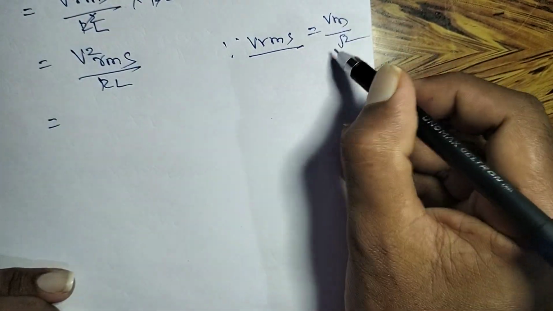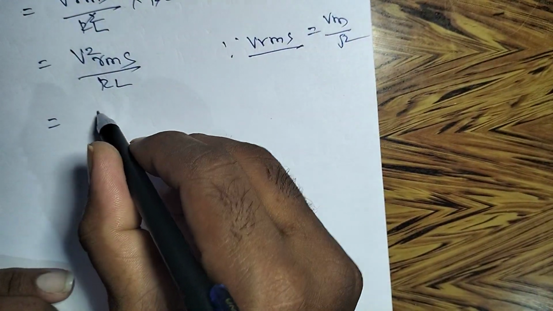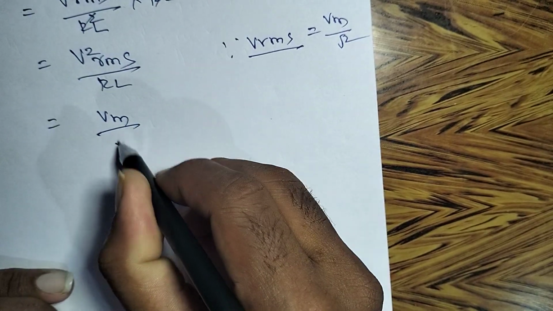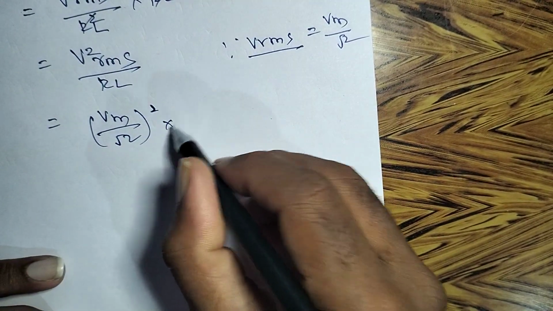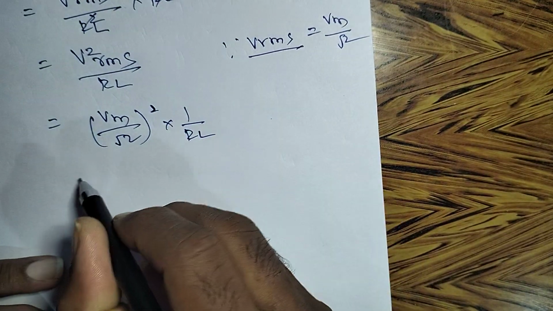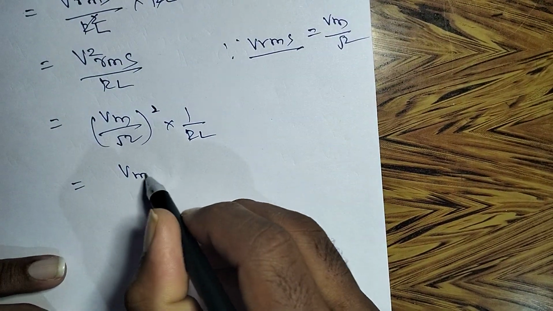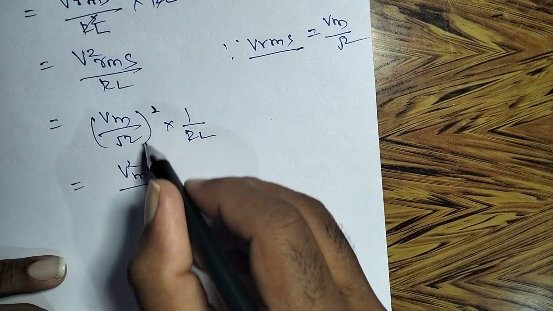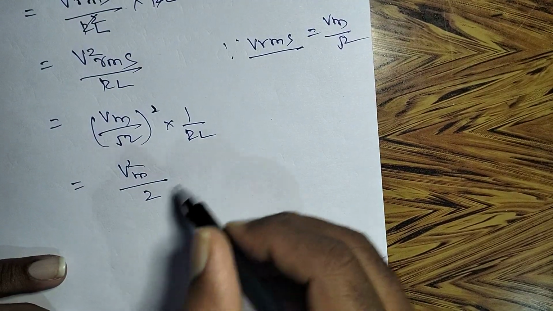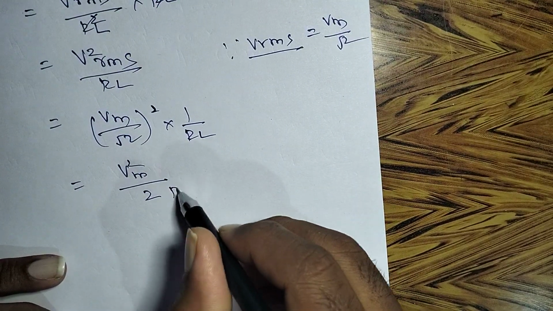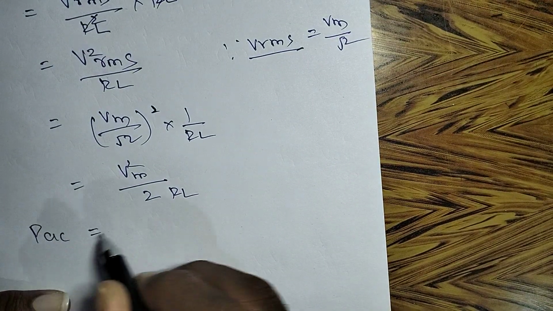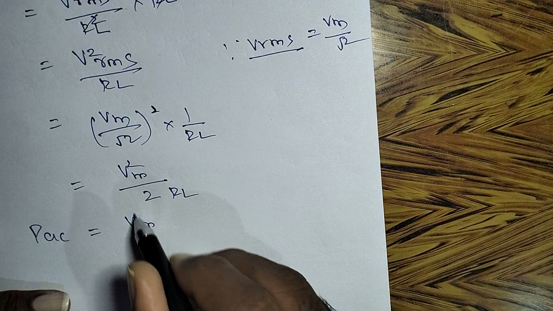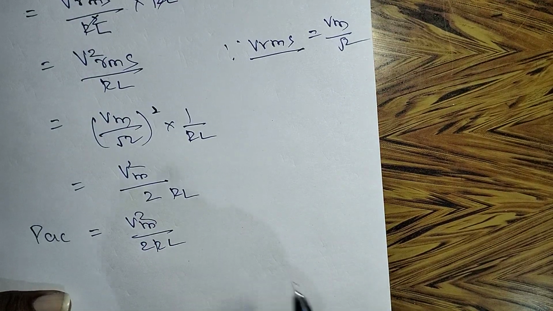Now substitute Vm by root 2 whole square into 1 by RL, that equals Vm square divided by root 2 whole square, the square root gets cancelled, into RL. So the expression for PAC is Vm square divided by 2 RL.